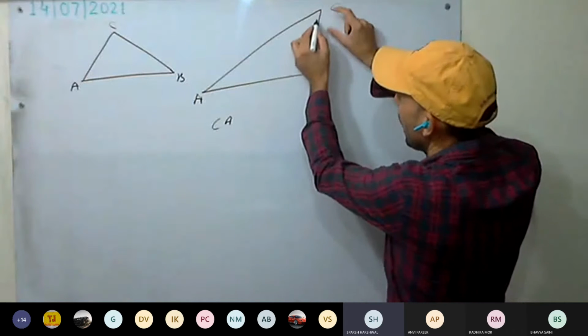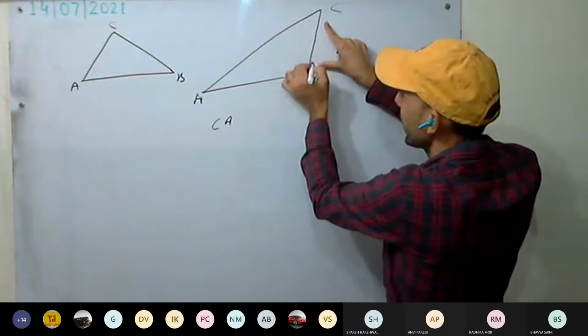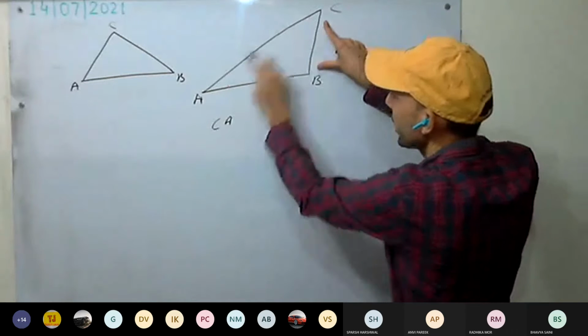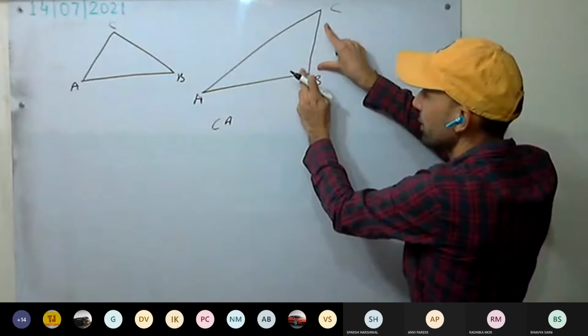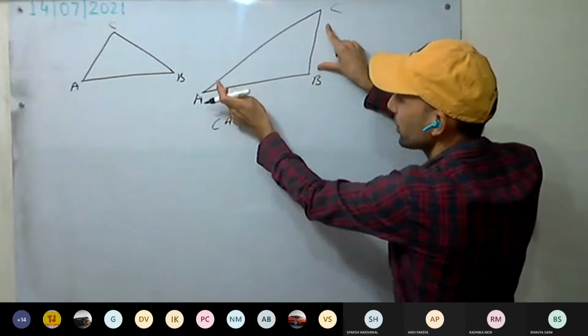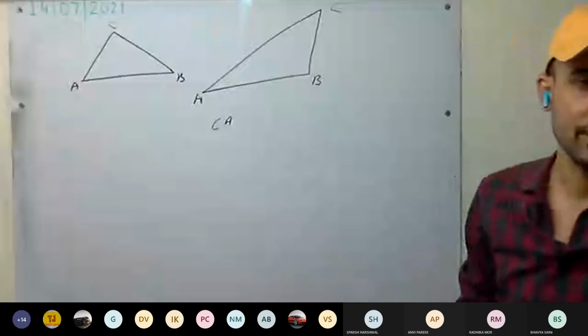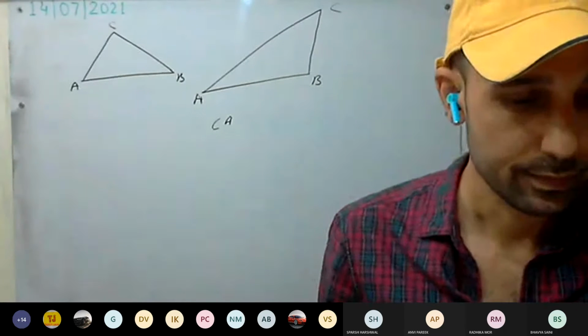And opposite to side CB is this angle. This is clear. So the largest side has the largest opposite angle, the smallest side has the smallest opposite angle, and the middle one lies in the middle. This is clear.